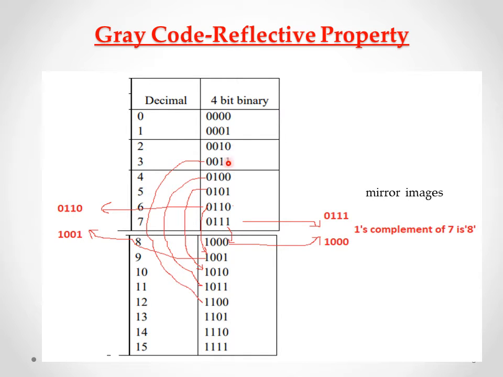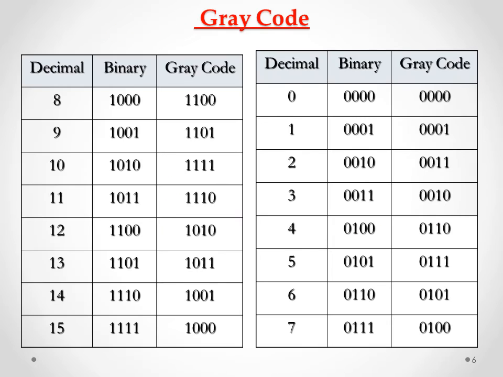In the same way, 3 and 4 differ by a single bit. So changing from one code to the next is very easy, and the possibility of error occurrence is very low if you are using gray code. This is the truth table for binary and gray code for 4-bit combinations.